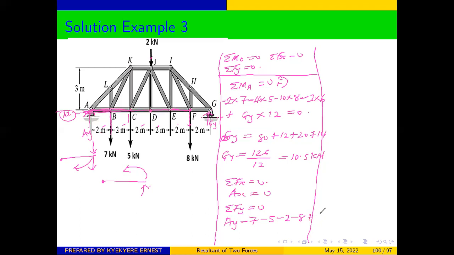plus Gy, which is moving up, and it will be equal to 0. We have calculated our Gy to be 10.5. So Ay plus 10.5, and all this, when you sum them, you are going to get minus 22 is equal to 0.